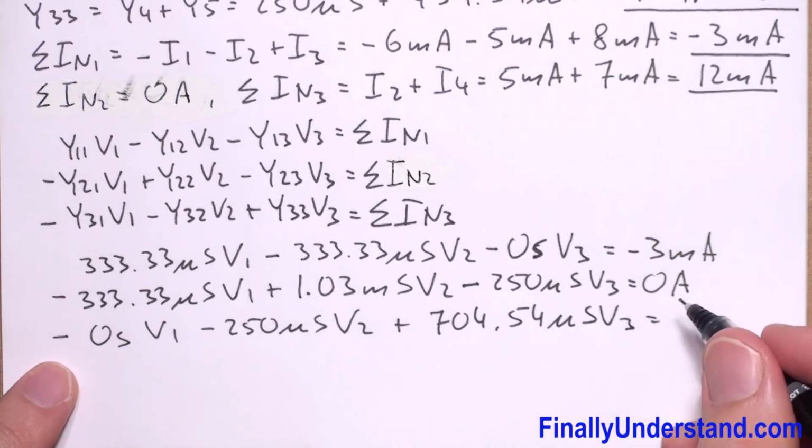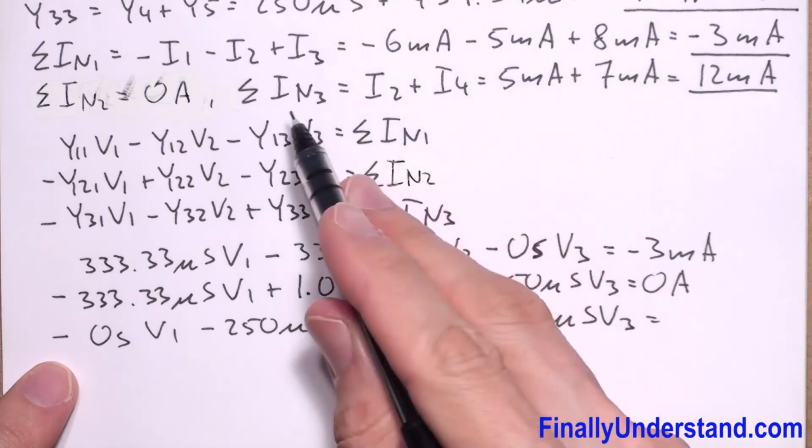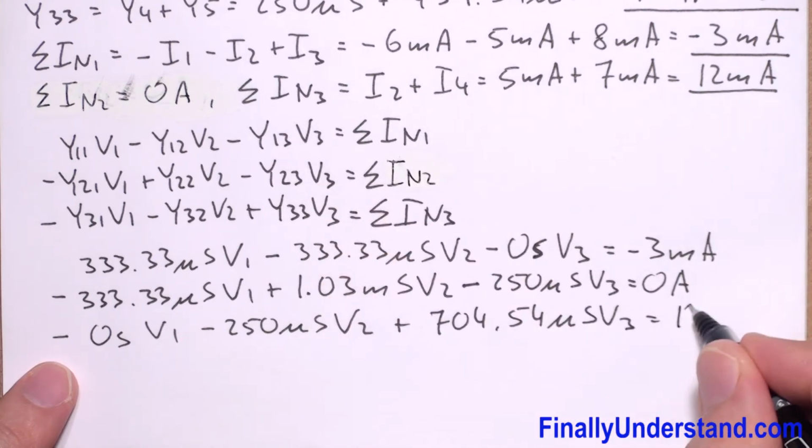Everything is equal to the sum of the currents going to node 3, which is 12 milliamps.